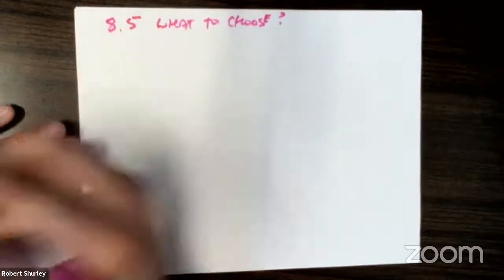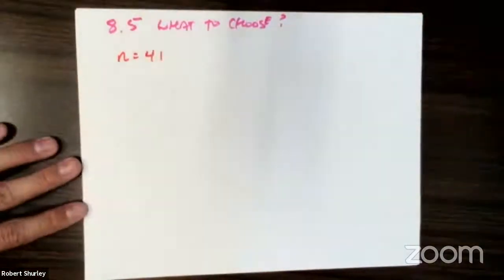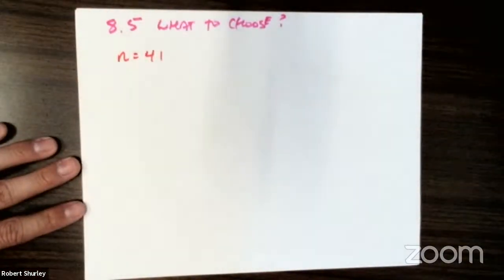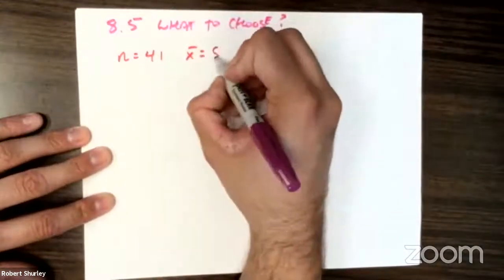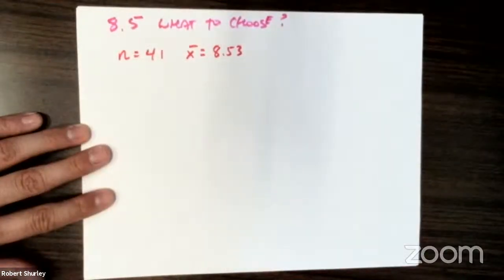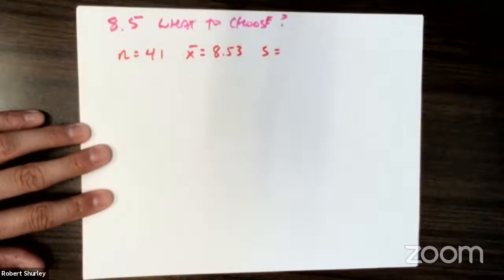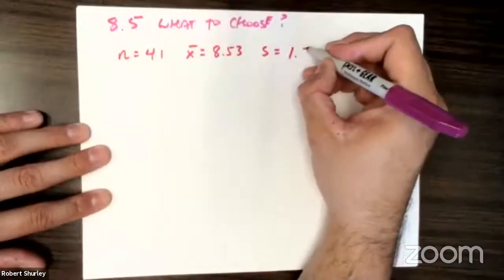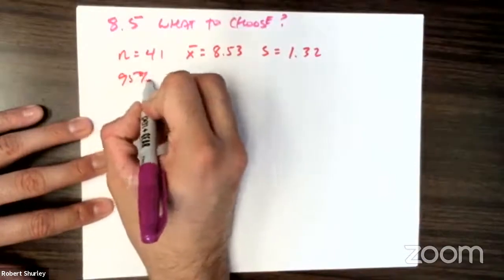It says we've got a random sample of 41 pumpkins from a pumpkin patch, with a mean weight of 8.53 pounds and a sample standard deviation of 1.32 pounds. Construct a 95% confidence interval. That's what it's wanting.